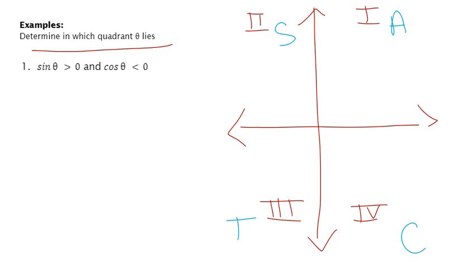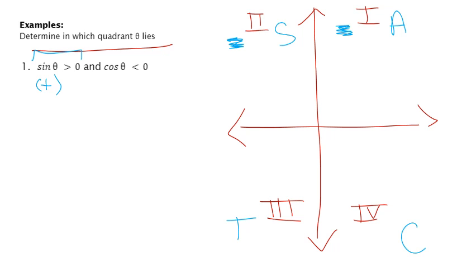So in this one, it says sine is greater than 0. So anything that's greater than 0, that means sine is positive. And so if sine's positive, it can be either quadrant 1 or quadrant 2. Either they're all positive or sine's positive.